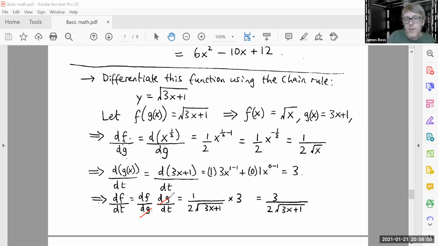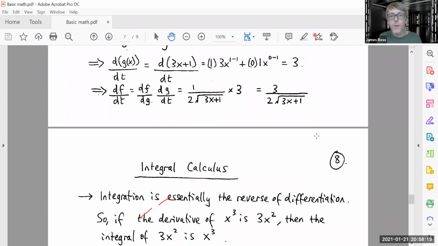And then that is multiplied by our second term, which we said was 3. So the whole product now is just this term over here. Okay, let me clear my little scribbles. So that's some basic differential calculus just to whet your beak.